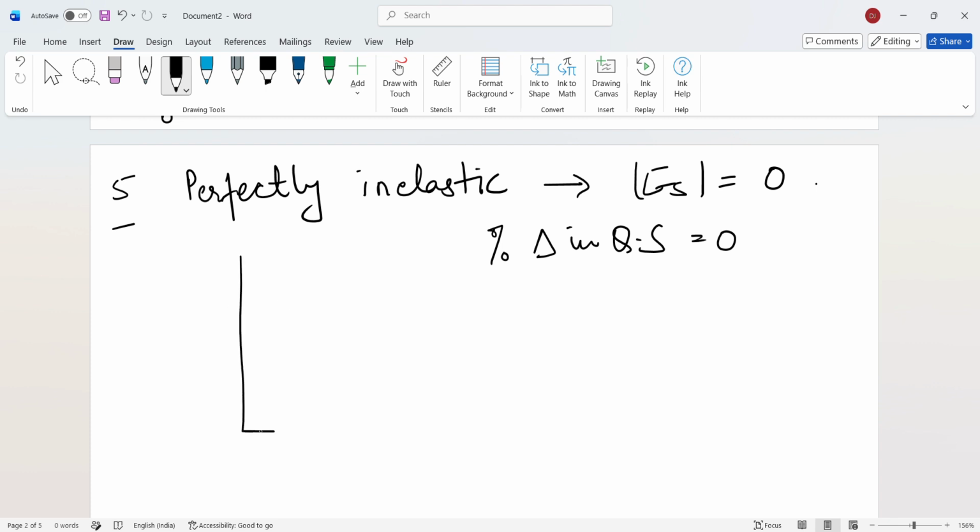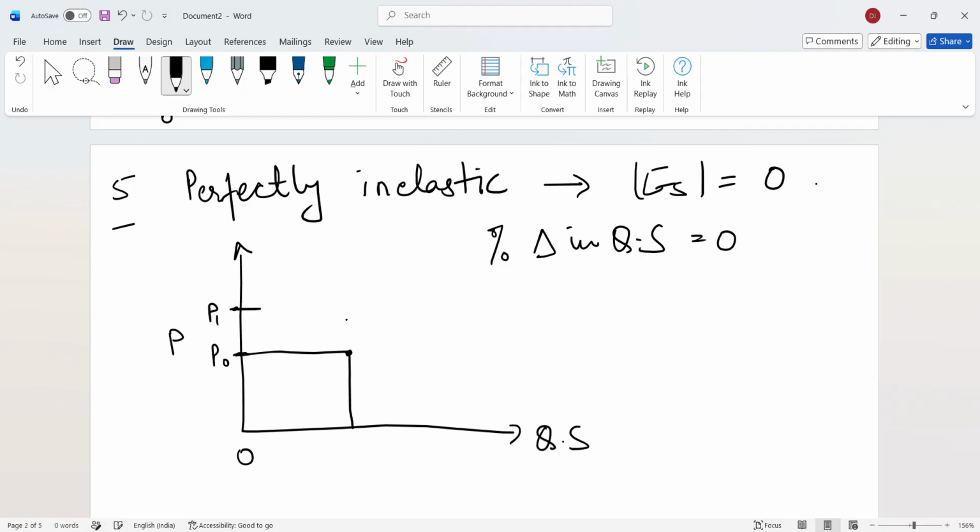So in this case, the graph would be something like this. I have this price, and my quantity supplied is at this point. If I have this price, my quantity supplied is again at the same point. If I have this price also, my quantity supplied is again at the same point.